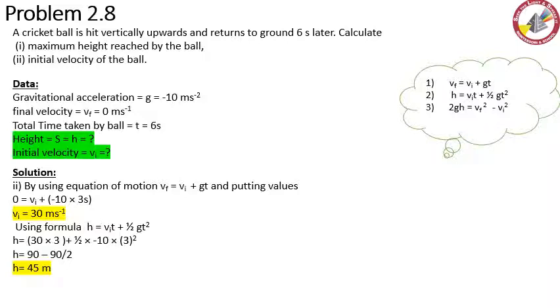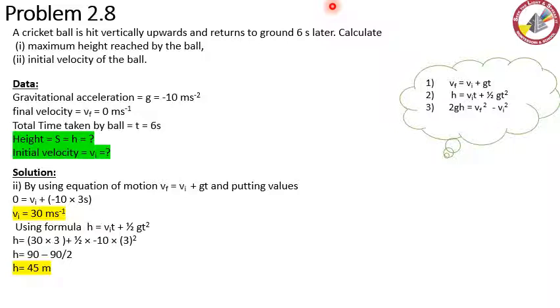The total time taken by the ball is 6 seconds. It means it has covered 3 seconds in moving upward and 3 seconds in moving downward. The height is unknown and we have to find out the initial velocity as well.